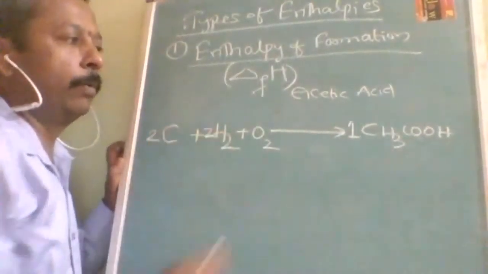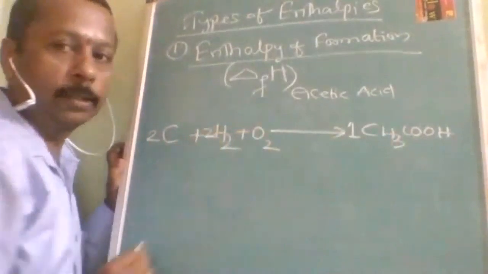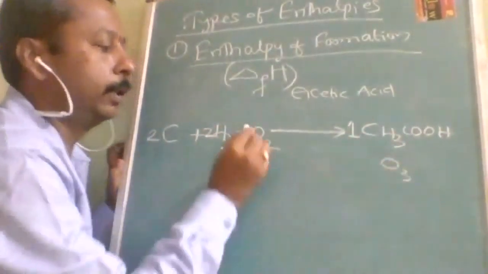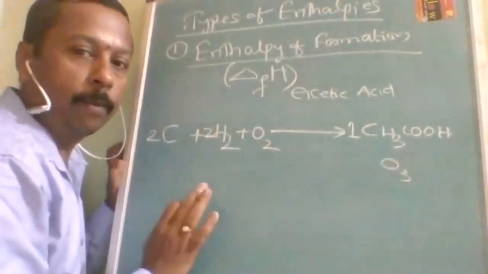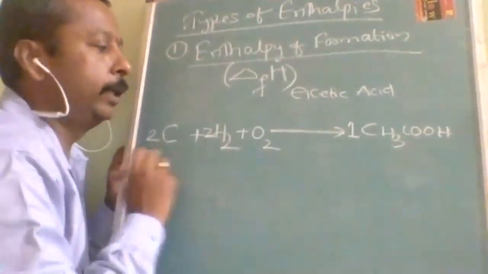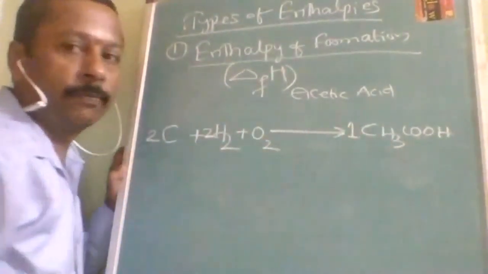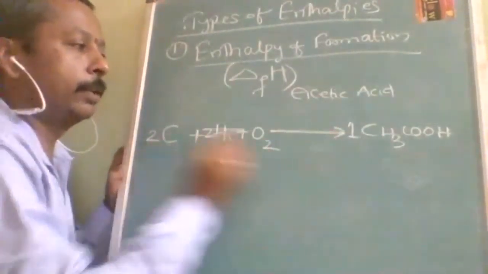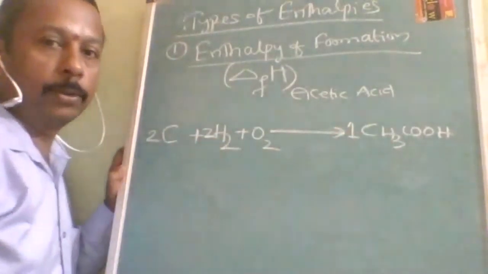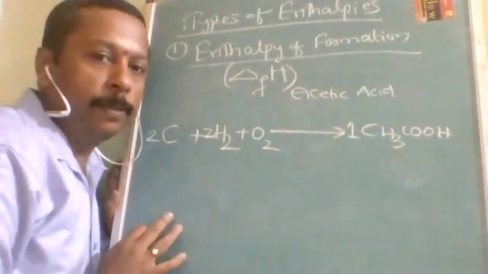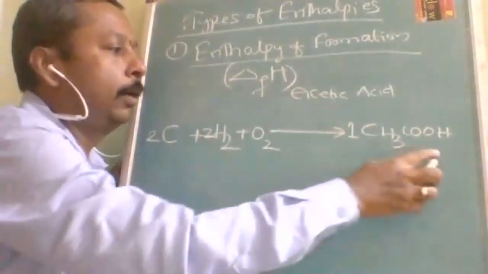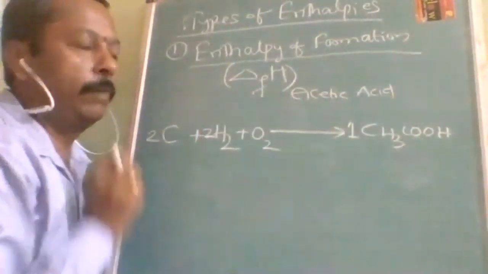Here there are 2 oxygens already. Suppose in some example there are 3 oxygens, there you can write 3 by 2, there is no problem. Instead of multiplying to make the coefficients whole numbers, this can be kept as a fraction to keep the product as 1 mole. So enthalpy of formation, is it understood? And how it is denoted, and how it needs to be converted into equation form.